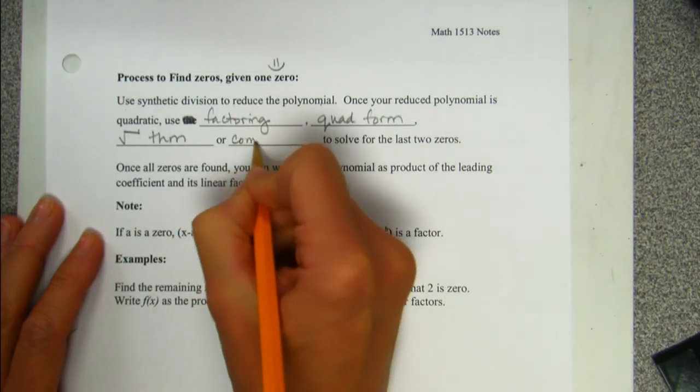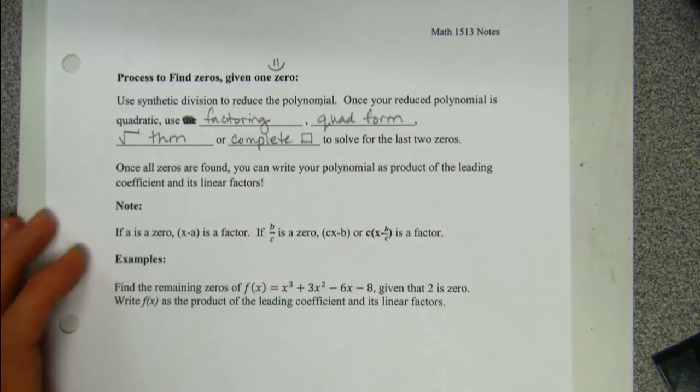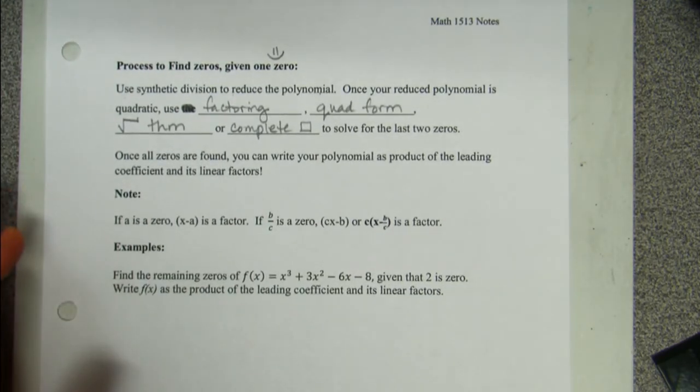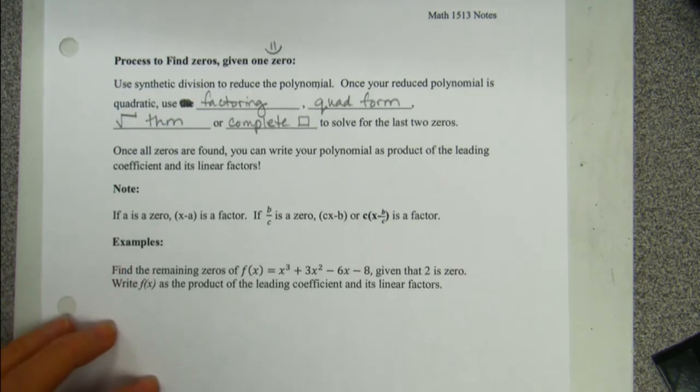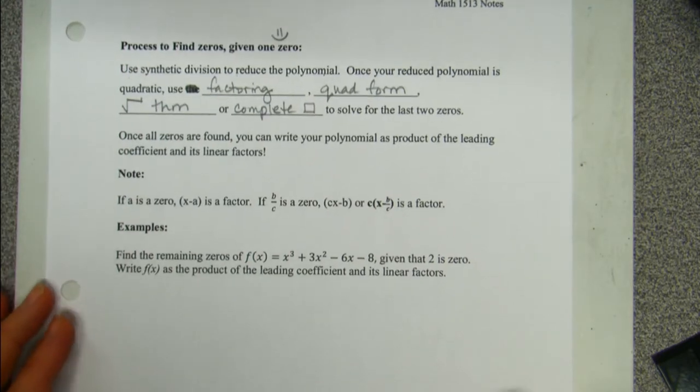Or complete the square to find your last 2 zeros. Once all the zeros are found, you can write your polynomial as the product of the leading coefficient and its linear factors. Let's not worry about the note until we get there. I'll tell you what that means.